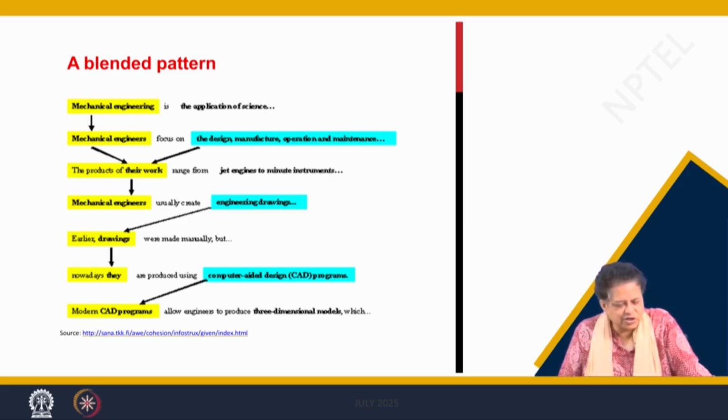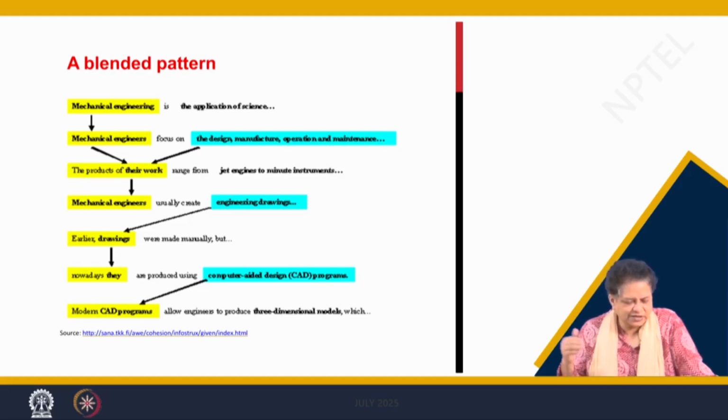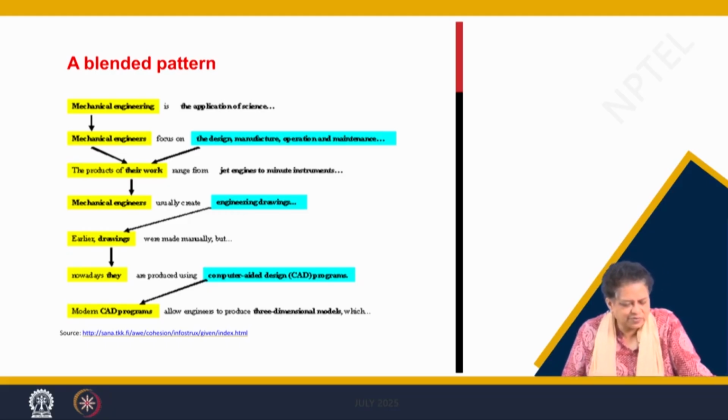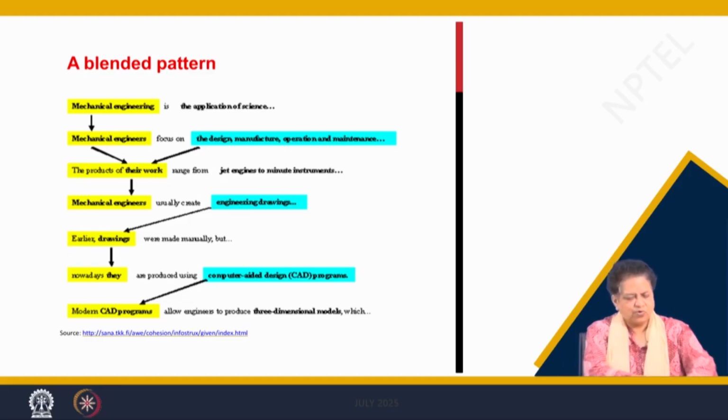Mechanical engineers usually create engineering drawings, and engineering drawings are related to earlier drawings. Earlier drawings were made manually, but nowadays they are produced using modern CAD programs.